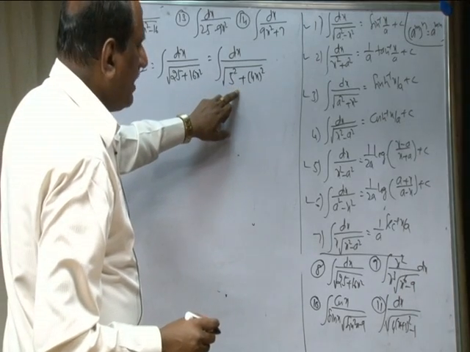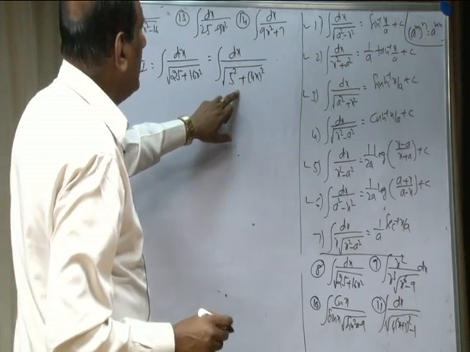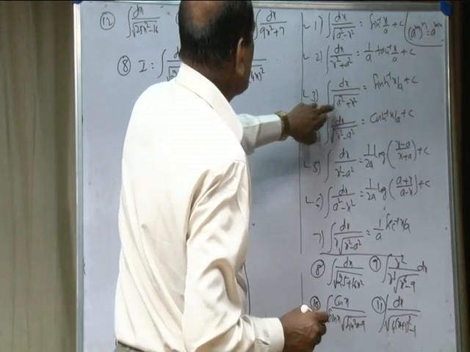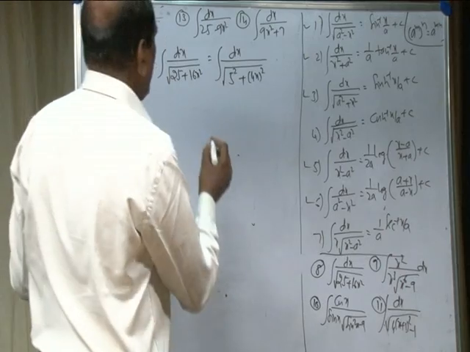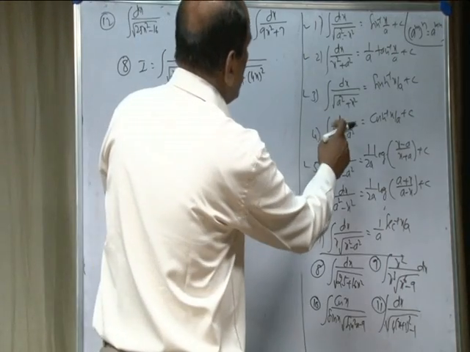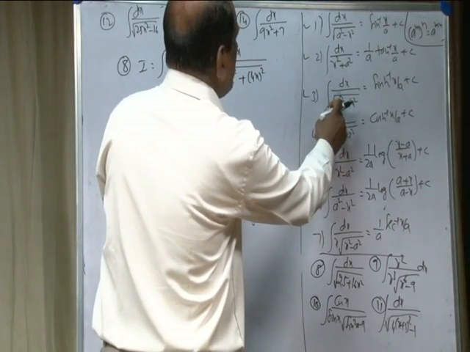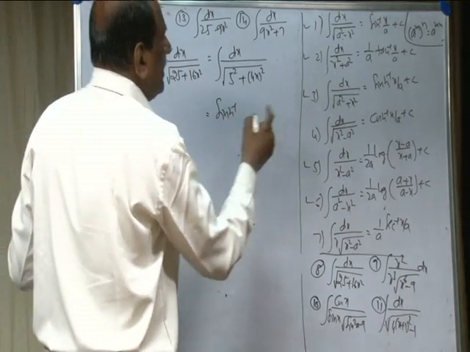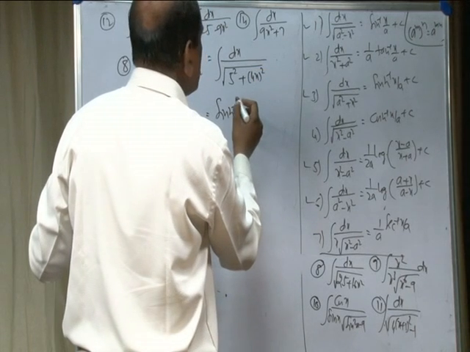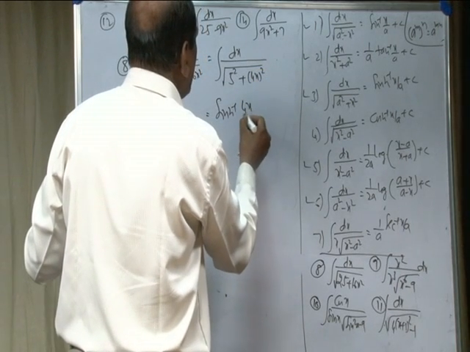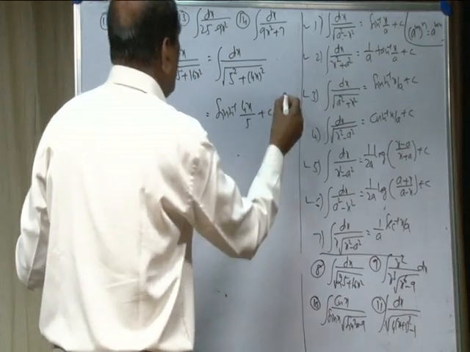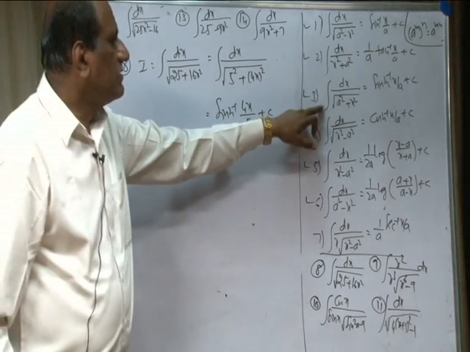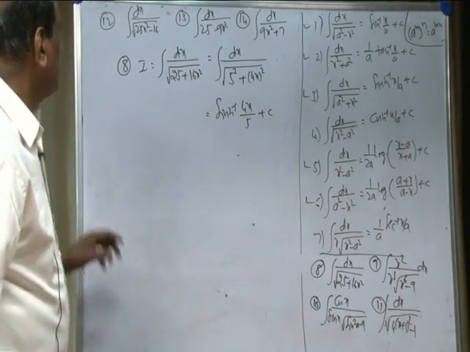This is of the form root of a squared plus x squared, so the third one: sinh inverse of x by a, where x is 4x and a is 5, plus c. Sinh inverse of 4x by 5 plus c. So, third standard integral.